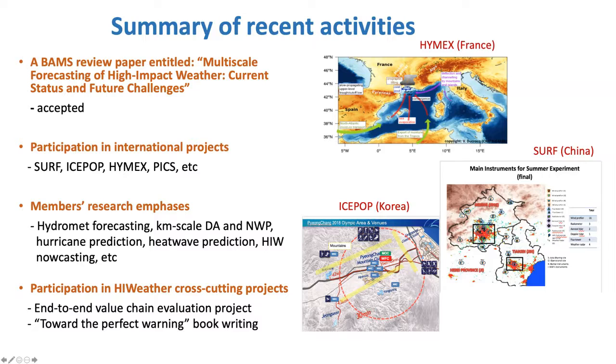There will be 3 HIWeather cross-cutting projects in the next few years. Our task team is actively involved in 2 of these 3 projects, the end-to-end value chain evaluation project and the Toward the Perfect Warning book writing.